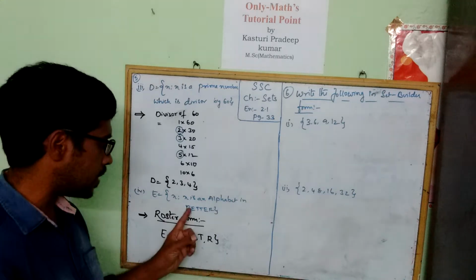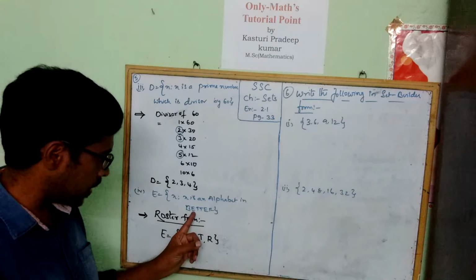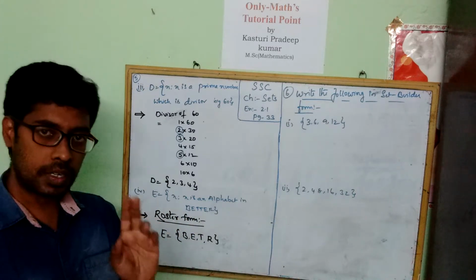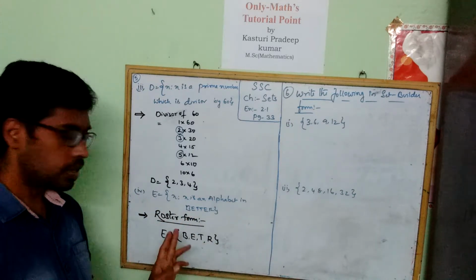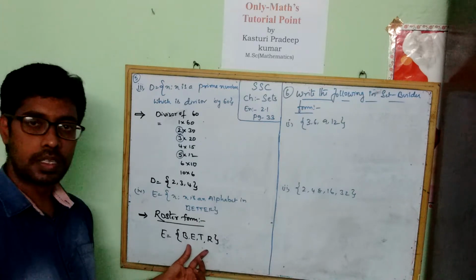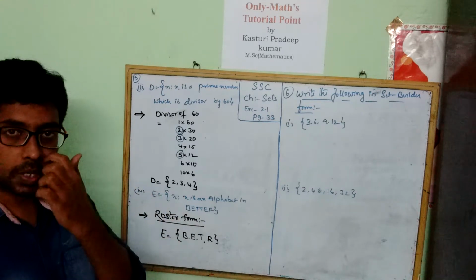Here E is repeated twice, T is repeated twice, so we should eliminate one time and write the remaining ones. So {B, E, T, A}. This is the notation in roster form, guys.